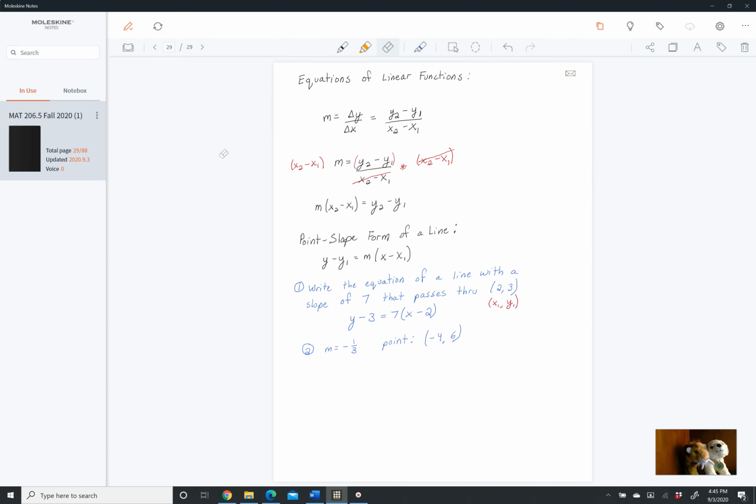So same question. We're writing the equation of a line with the slope of negative 1/3 that passes through the point (negative 4, 6). So we're doing the same thing.